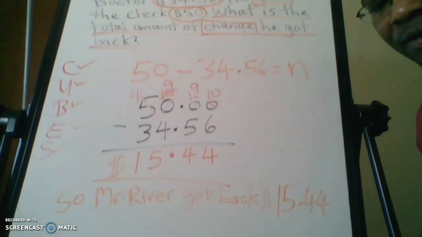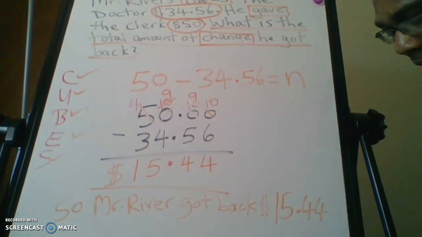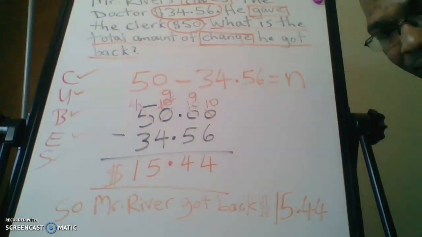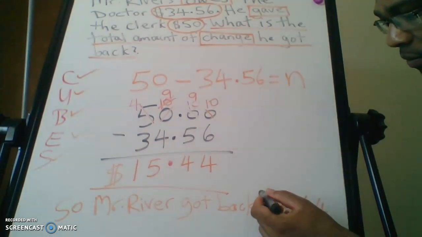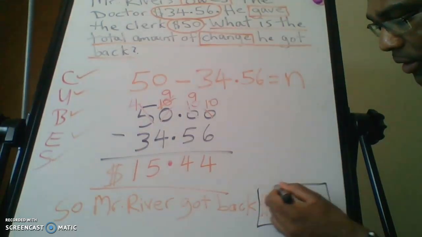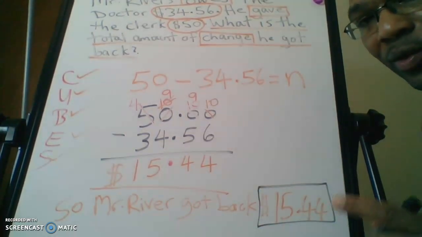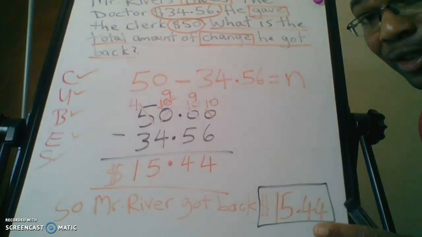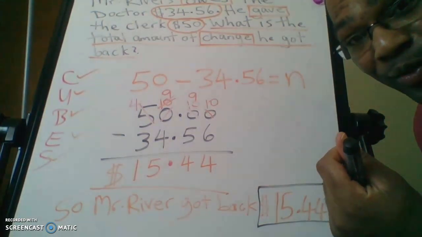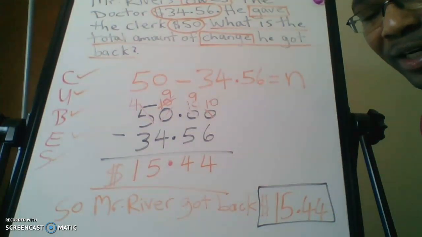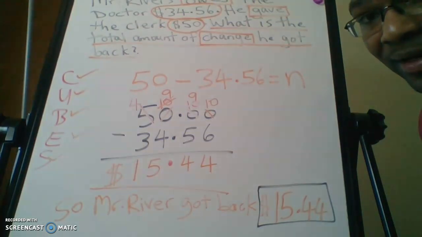Okay, got back $15.44, and this is my final answer. $15.44. Guys, it's important that you know how to do this because when you have your cash, you really don't want people to give you back the wrong change, right?